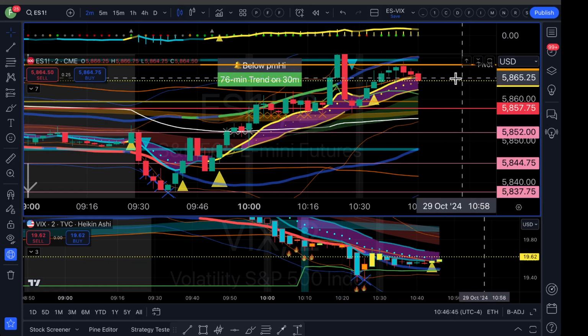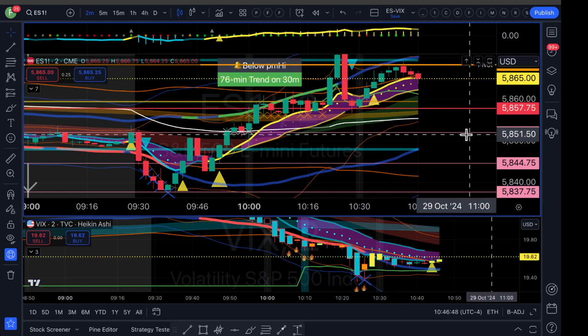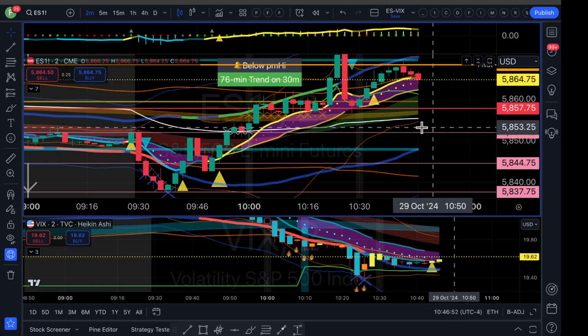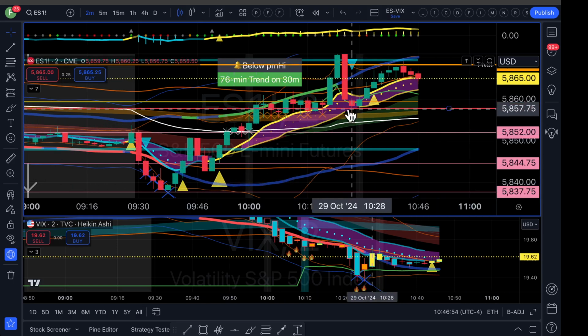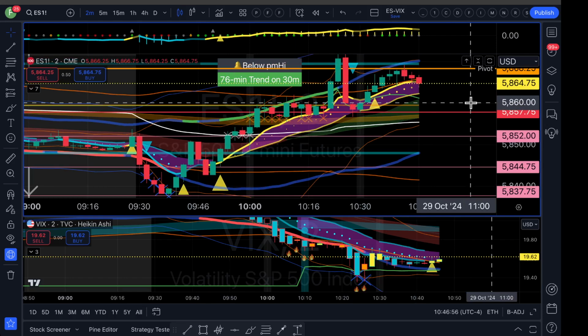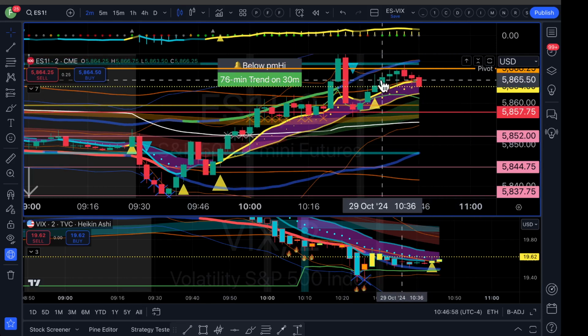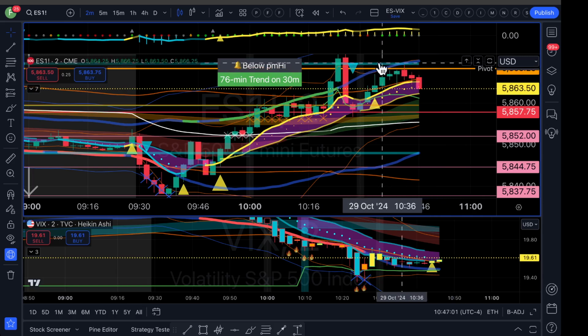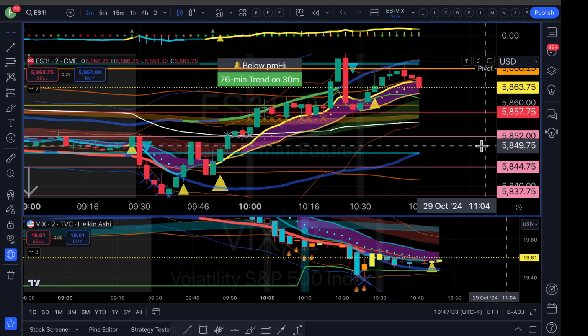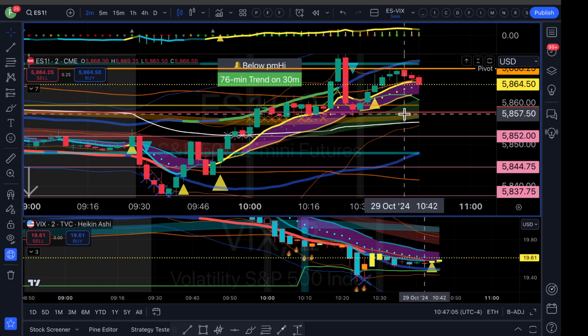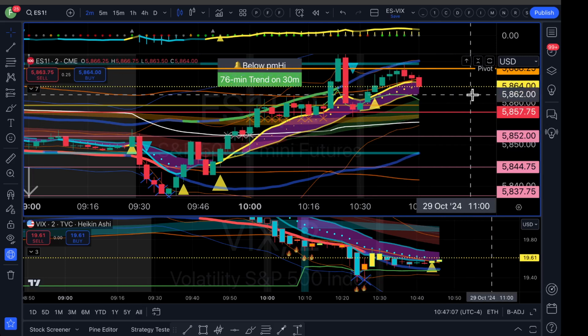It looks like we're going to reject here, and again, I won't take shorts here because I don't have blue triangles yet. But this tells me that options make it easier because it's more controlled what you could lose, and you could take bigger chances.